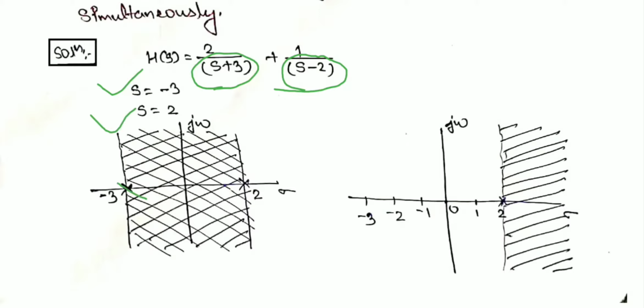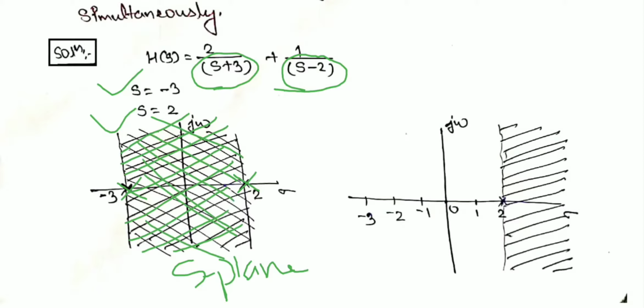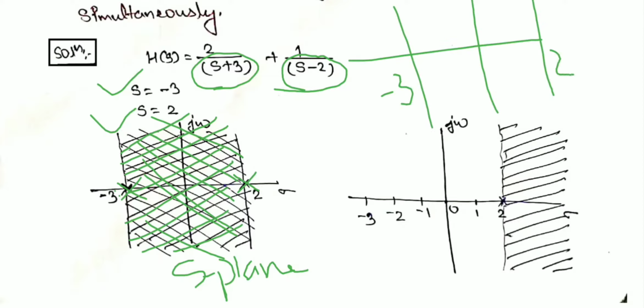If we plot in the S plane, we get that it includes the imaginary axis only when the ROC lies in between minus 3 to 2.